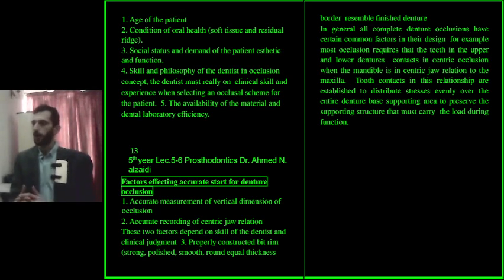Factors affecting accurate start for denture occlusion: 1. Accurate measurement of vertical dimension of occlusion. 2. Accurate recording of centric jaw relation. These two factors depend on skill of the dentist and the clinical judgment. 3.